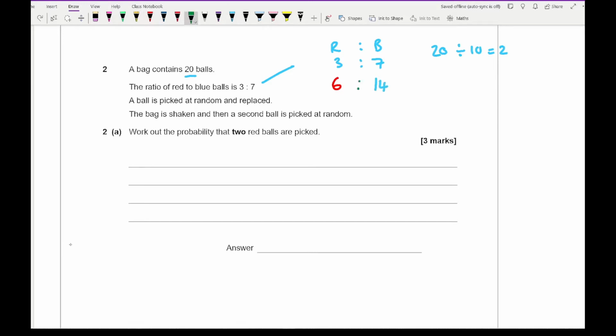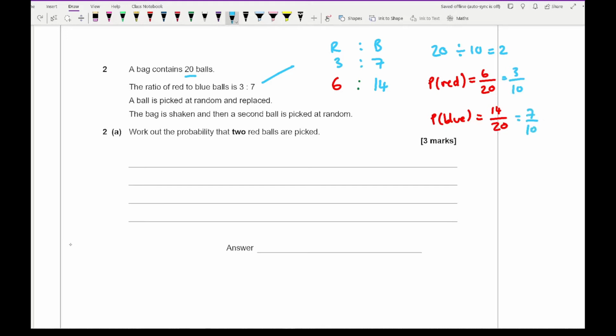So then here, the probability of picking a red is going to be 6/20, and the probability of picking a blue, might be confusing as I'm writing in red, is going to be 14/20. And I can go on to simplify each of those probabilities respectively.